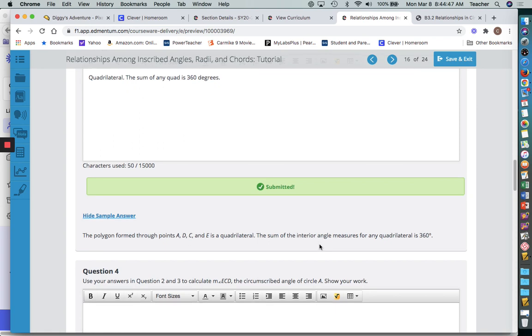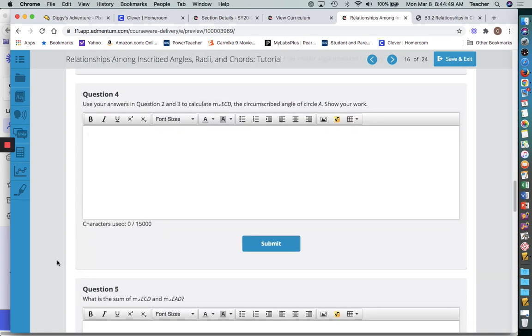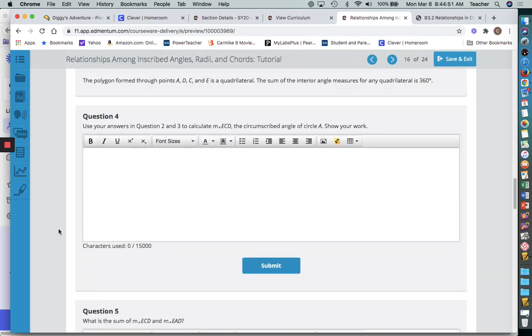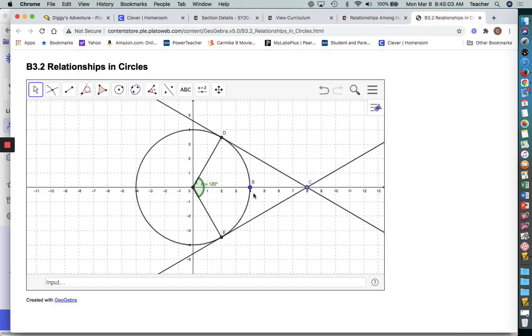Okay, so yeah, it's a quad, 360. Question 4. Use your answers in question 2 and 3 to calculate angle ECD, the circumscribed angle of circle A, and show your work. All right, so I'm looking for ECD, what we call a circumscribed angle. I already know that D is 90. I know that A is 120. I know that E is also 90. So the fastest way is to take 360 and subtract the 3 that you have.